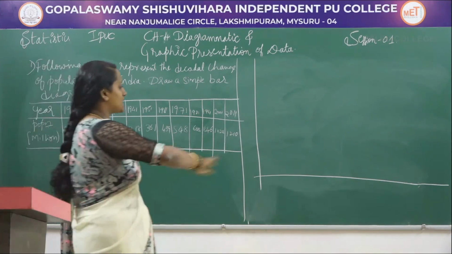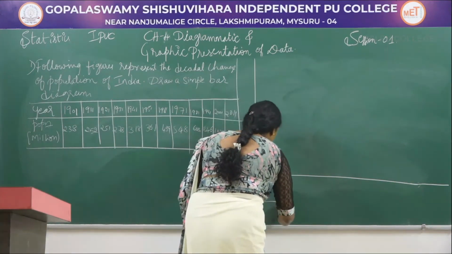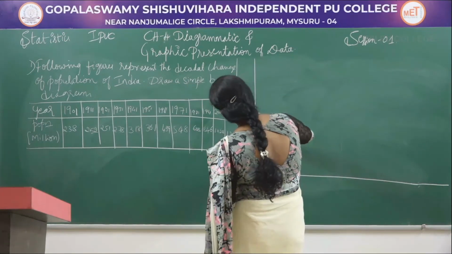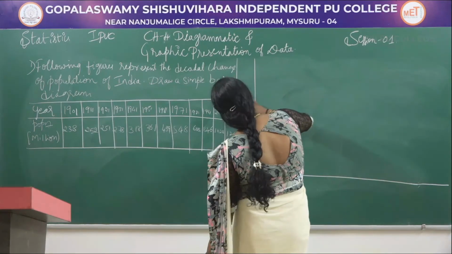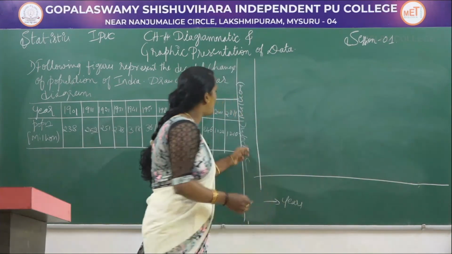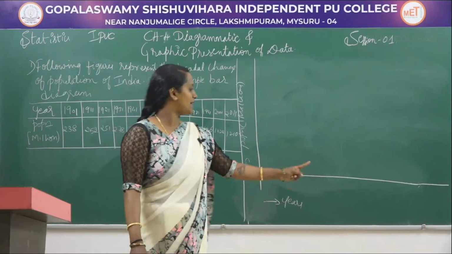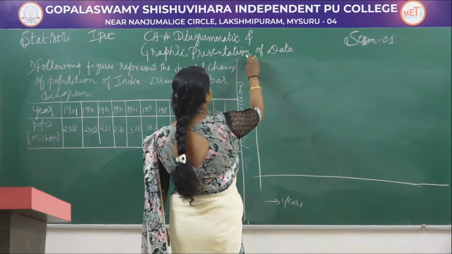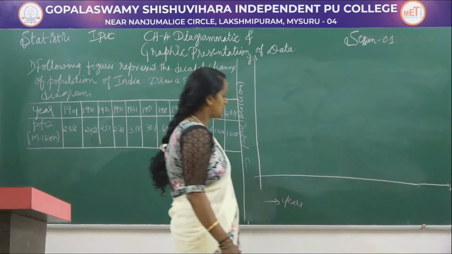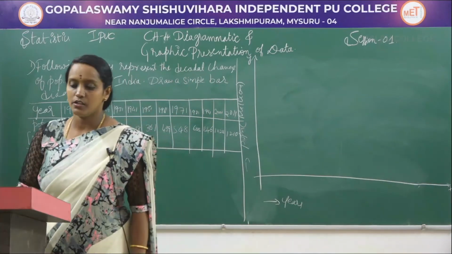So first in x-axis I will take the years, and in y-axis it is population in millions. This is y-axis and this is x-axis.